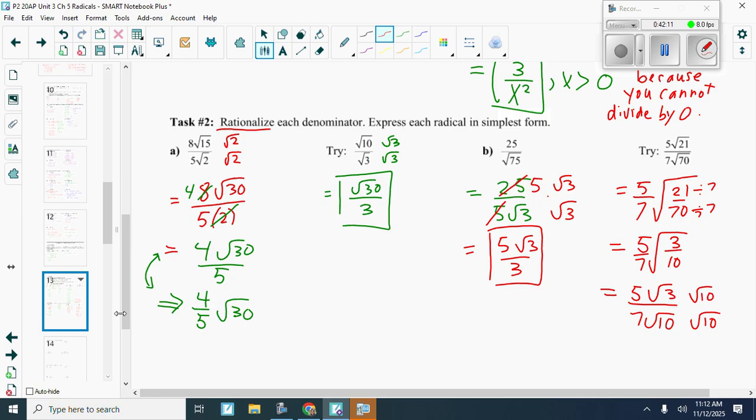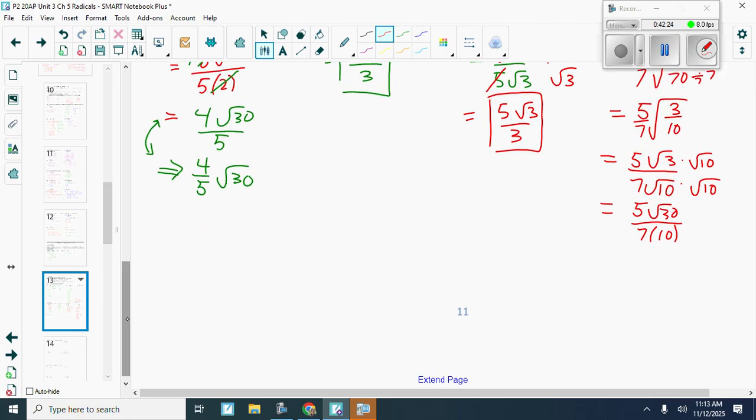So I'd multiply top and bottom by root 10, and that gets me 5 root 30 over 7 times 10. We can simplify: 5 goes into 10 2 times, so I have root 30 over 14.